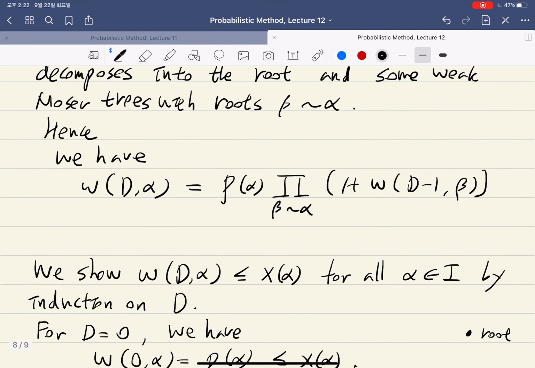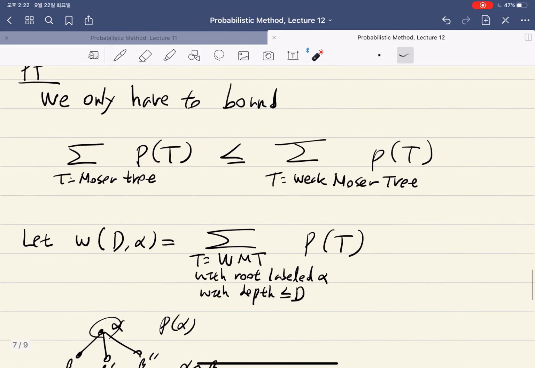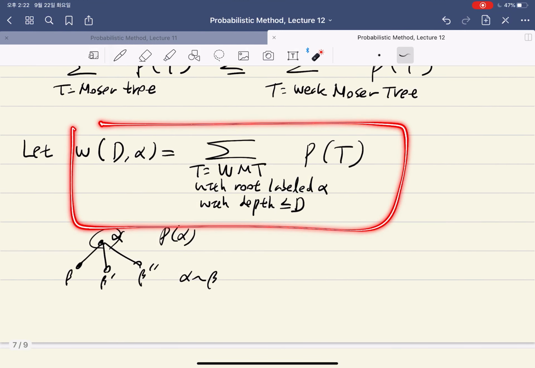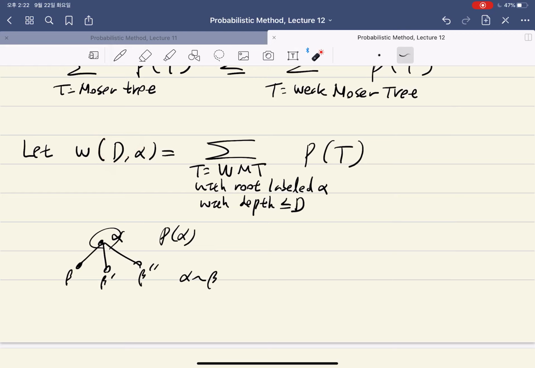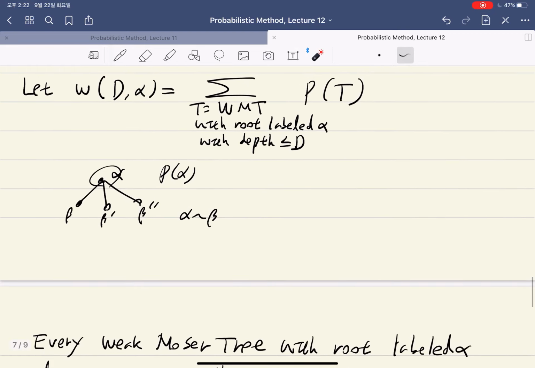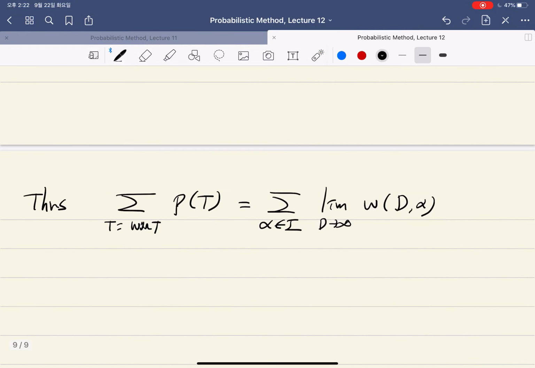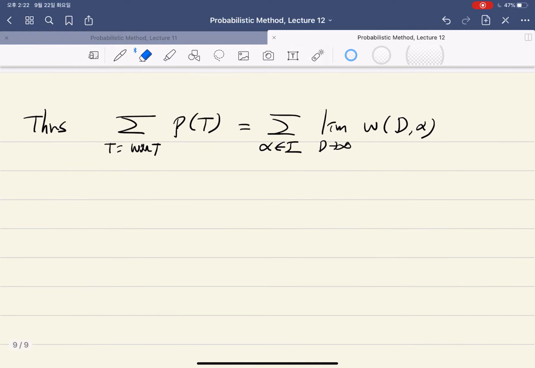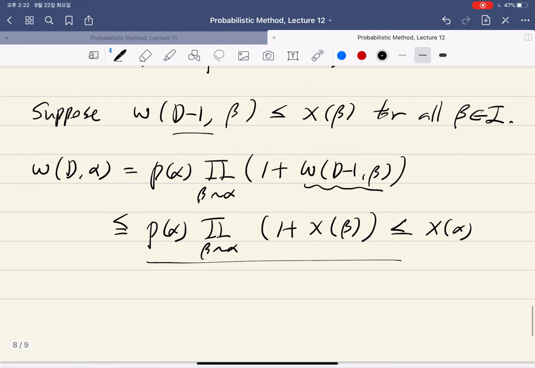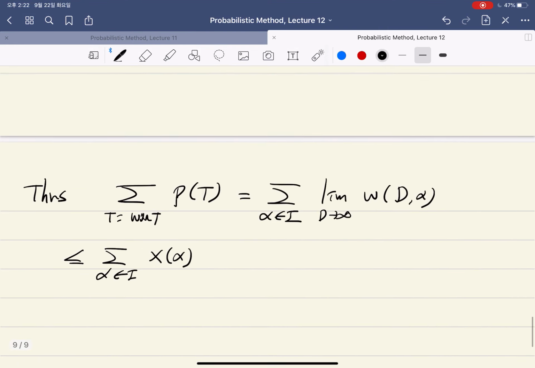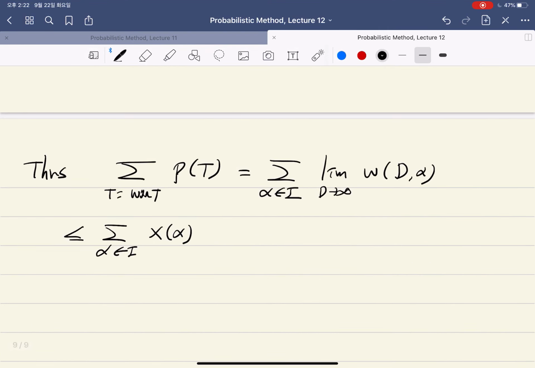By our definition, if t goes to infinity, then you consider all possible weak module trees with root alpha, and the root could be one of the indices in I, and each of these is at most x alpha, so its limit is also at most x alpha. So this proves the lemma.